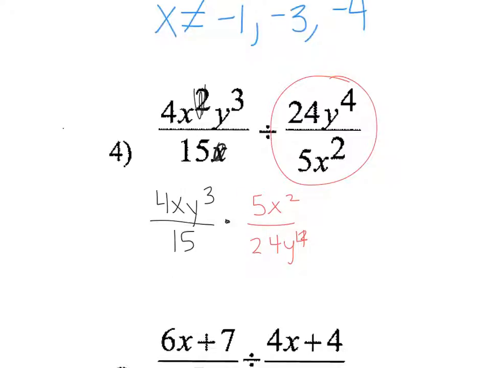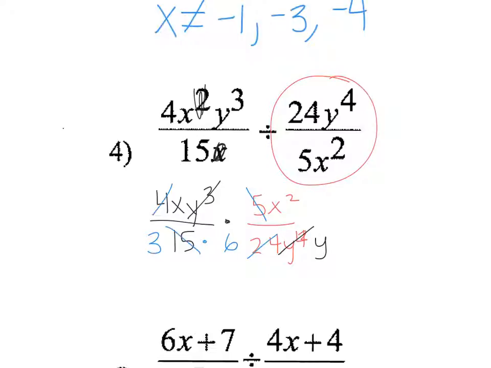So you have a 5 and a 15. Well, 5/15 reduces to 1/3. And then 4/24 reduces to 1/6. And then I have y to the 4th and y to the 3rd, and that is just going to be a y on the bottom.